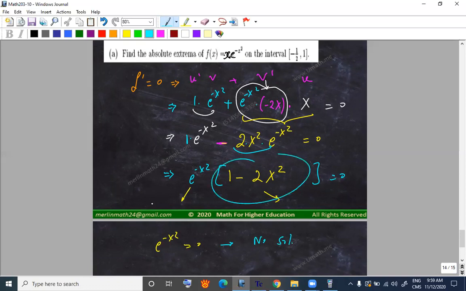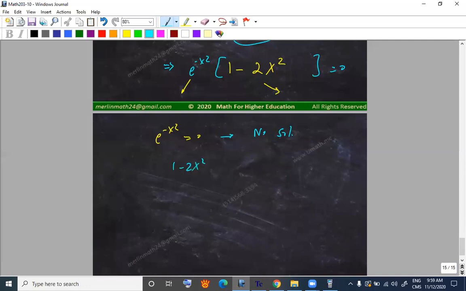I get an x from this factor. If I solve it, I get 1 minus 2x squared equals 0. Isolate, divide by 2, and then put a radical. How many answers do I get? You get plus minus radical half, or 1 over radical 2. Simply keep it, plus minus.